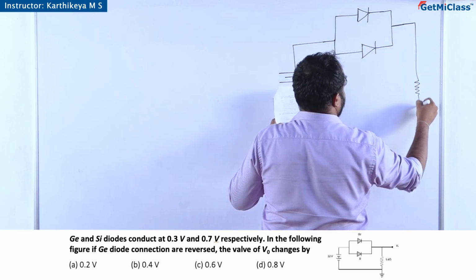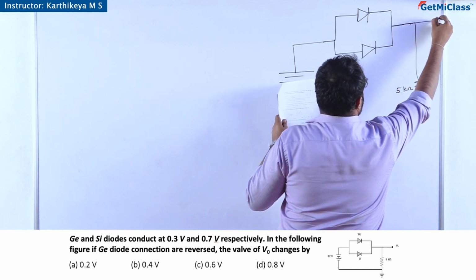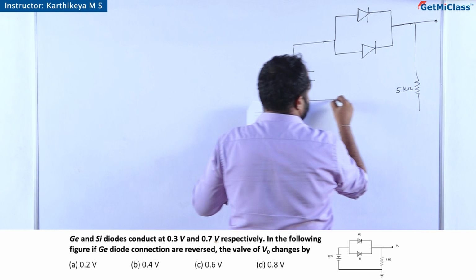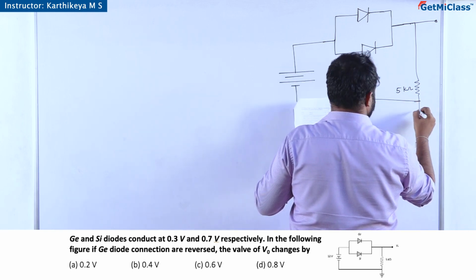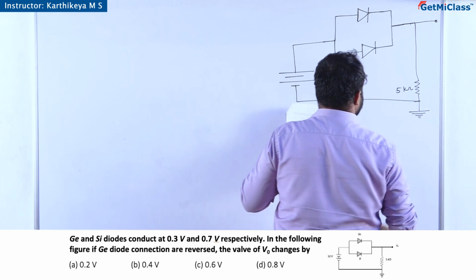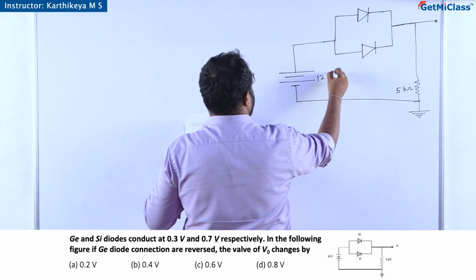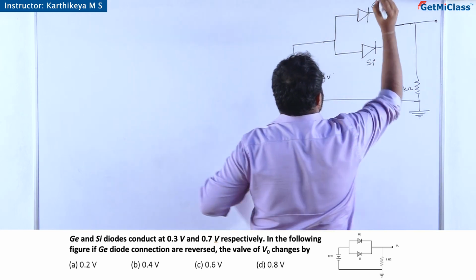So this is 5 kilo ohm, and this is 12 volt, this is silicon and this is germanium.